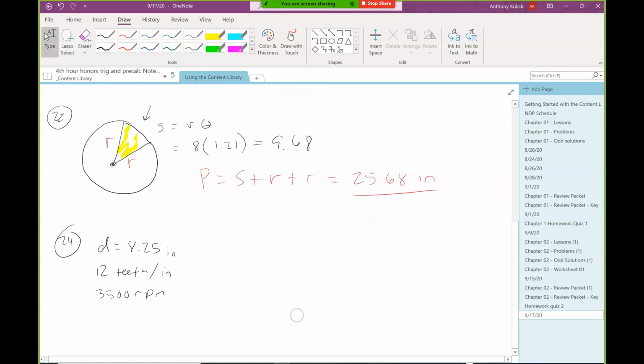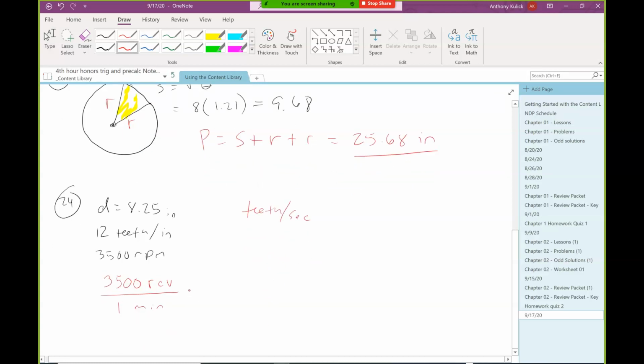So I'm just going to treat this as a unit conversion problem. So I'm going to have 3,500 revolutions per 1 minute. And the answer we want is teeth per second.